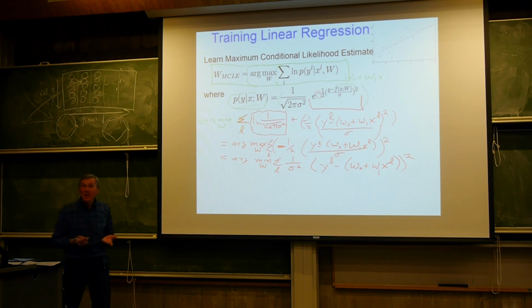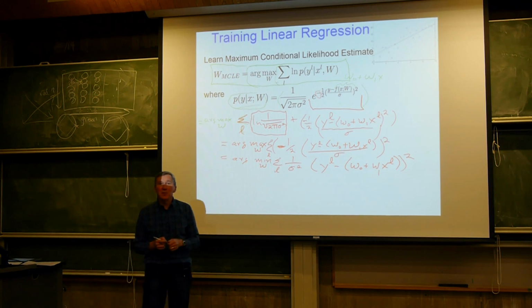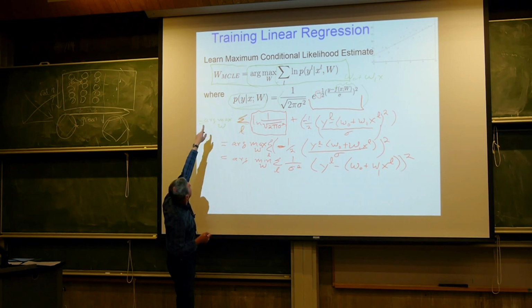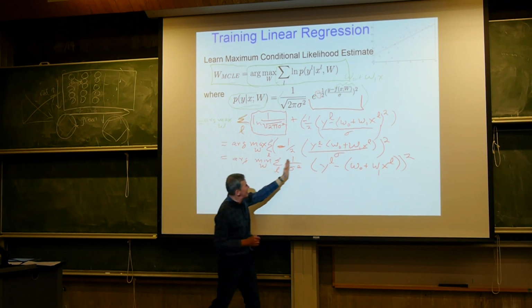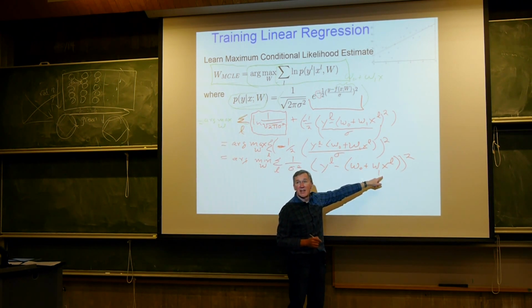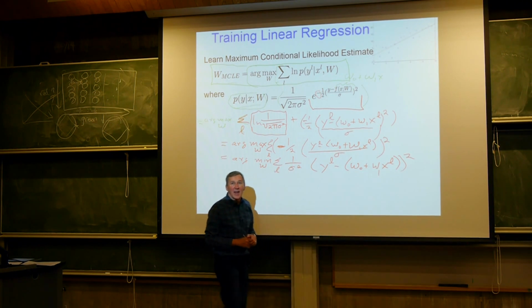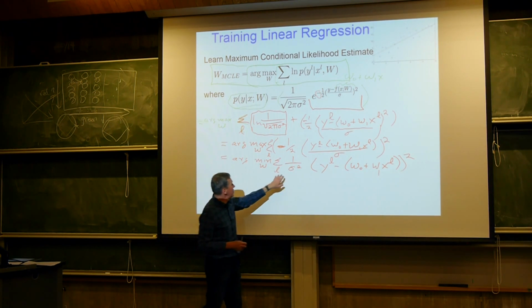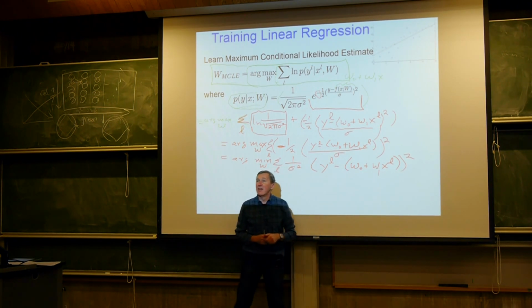Okay. Now you can also easily derive the gradient rule for this. For the gradient rule, what we want is to get the gradient of this conditional maximum likelihood, that's this quantity, with respect to each of our w's. That is the partial derivative of this with respect to the w's.